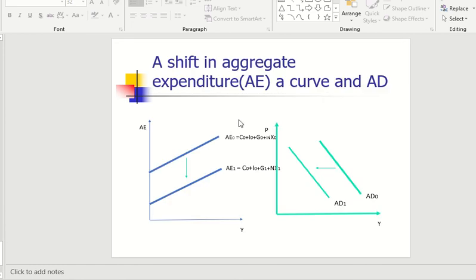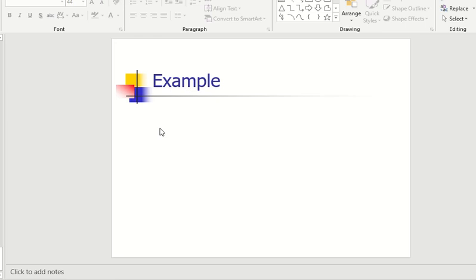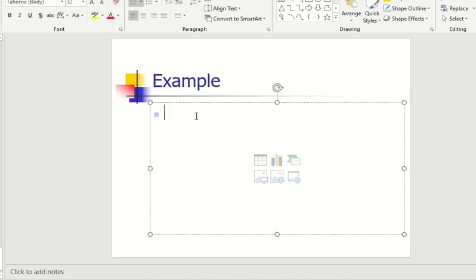So here is an example. Suppose we have an appreciation of the US dollar. Okay, so the US dollar strengthens, or appreciates.